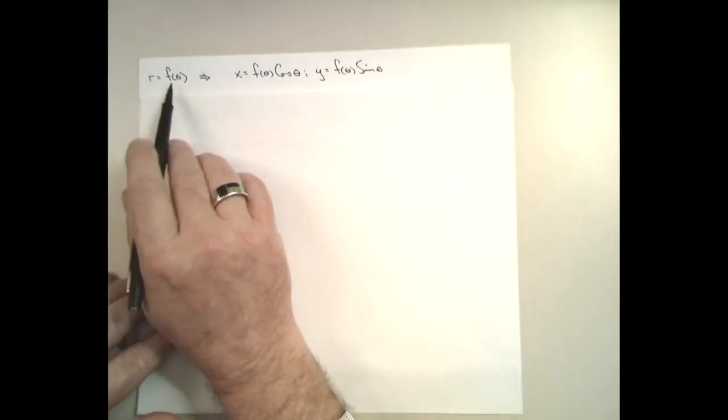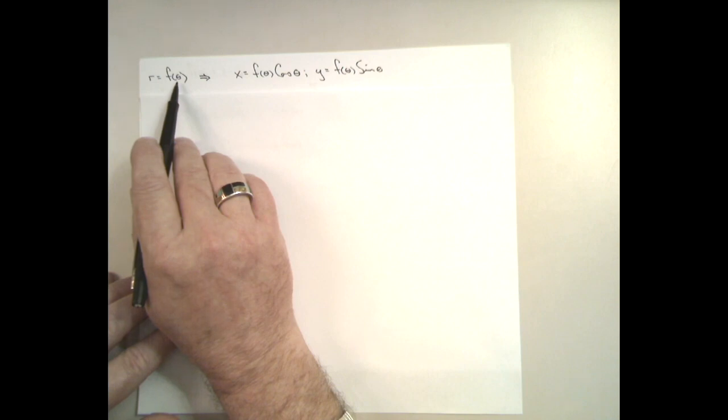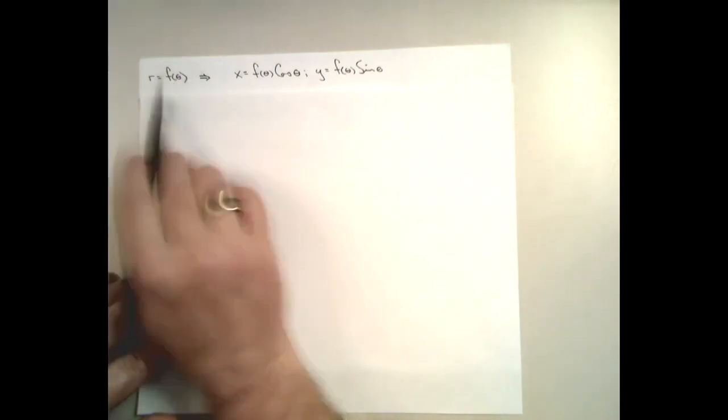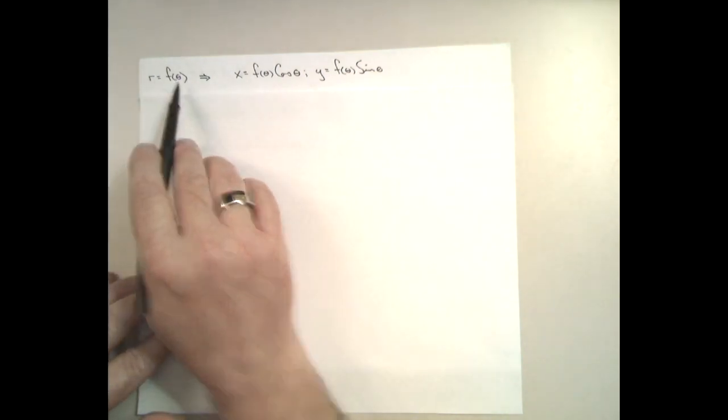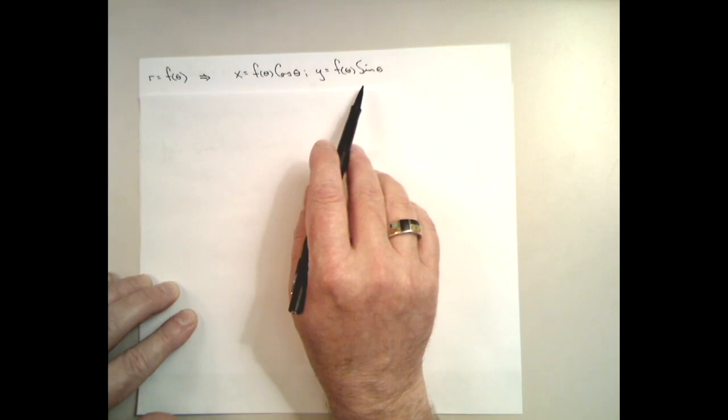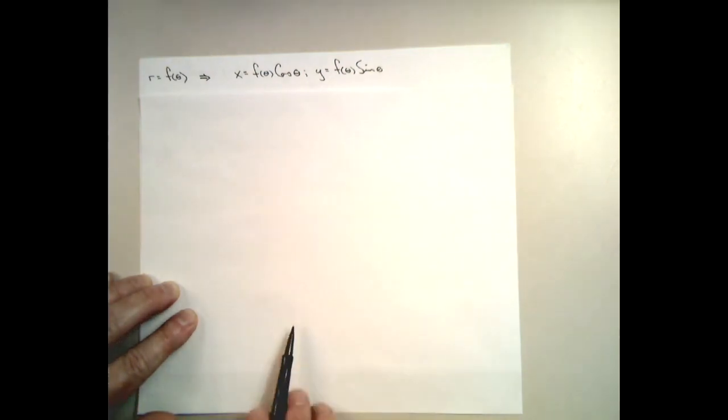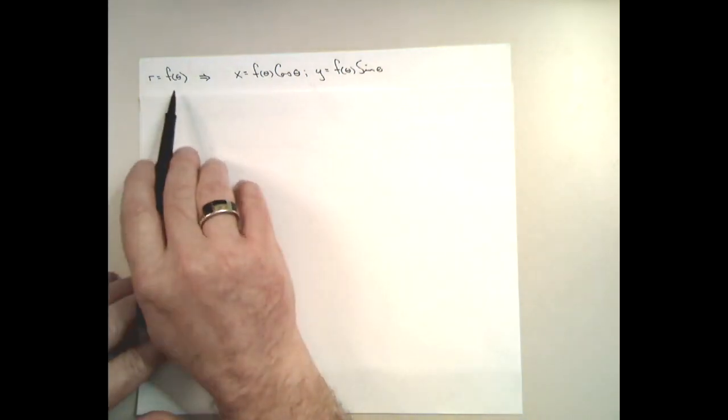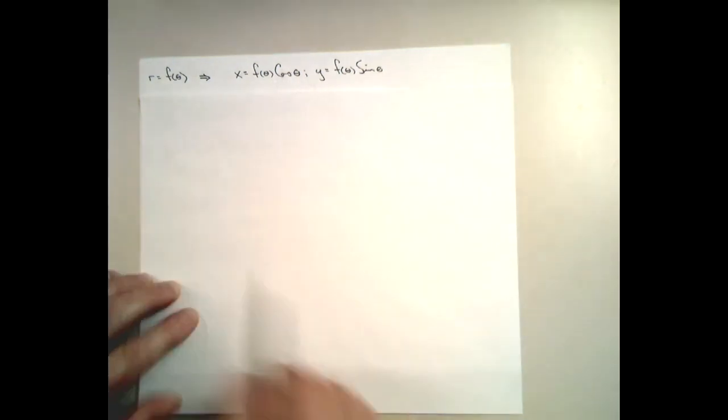Instead of r being 1 minus sine theta, I'm just going to let r be a general function of theta, f of theta, right? So 1 minus sine theta is going to be one of these, but I'm not going to specify it. And so the work that we're about to carry out is going to apply to all functions, and it's going to turn out to be much simpler to do.